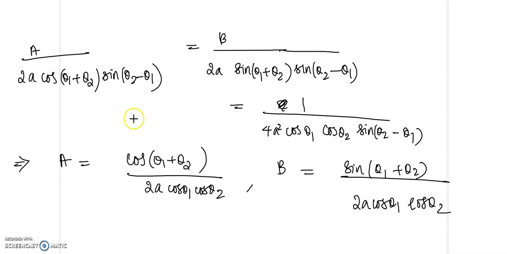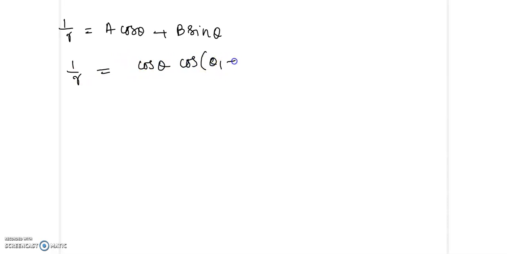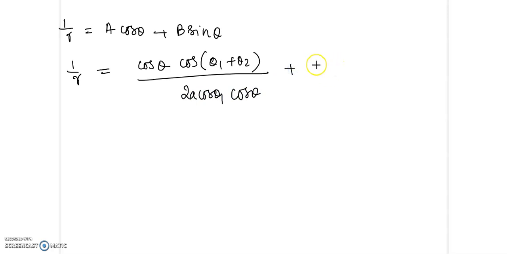Now let us substitute the value of a and b into the equation. We had 1 by r equal to a cos theta plus b sin theta. So that will give 1 by r equal to cos theta into cos (theta 1 plus theta 2) by 2a cos theta 1 cos theta 2, plus b's place sin (theta 1 plus theta 2) into sin theta.